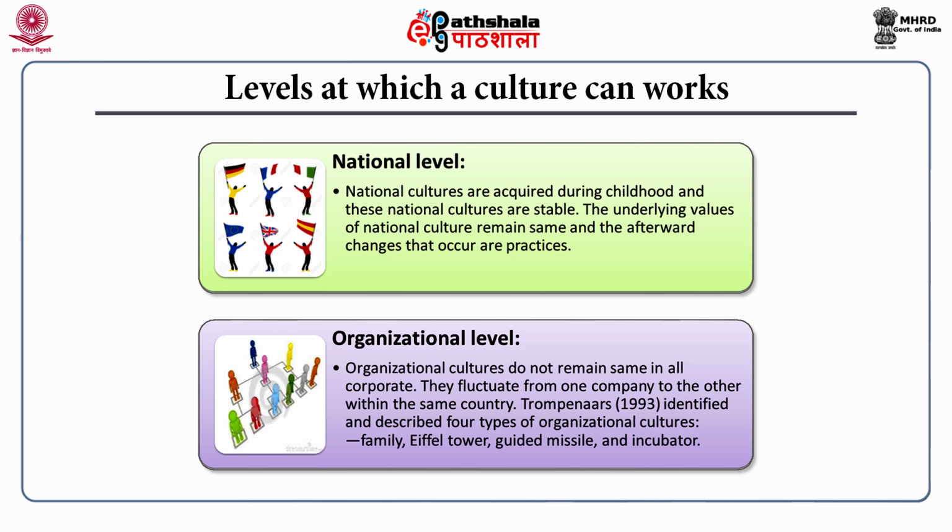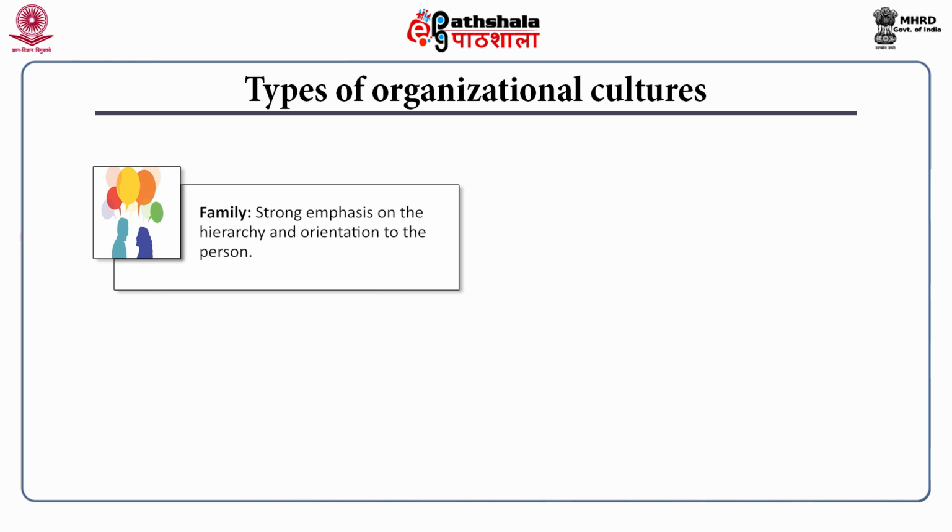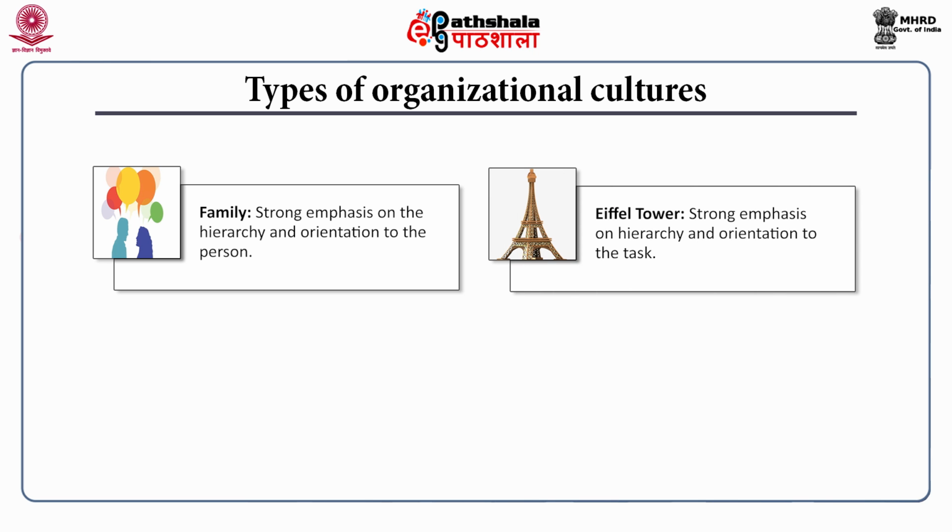Now let's have a detailed explanation of these four types. Types of organizational cultures. The first culture is family. In the family type of organizational culture, there is a strong emphasis on hierarchy and orientation to the person. The second is Eiffel Tower. There is a strong emphasis on hierarchy, like the tower, and orientation to the task.